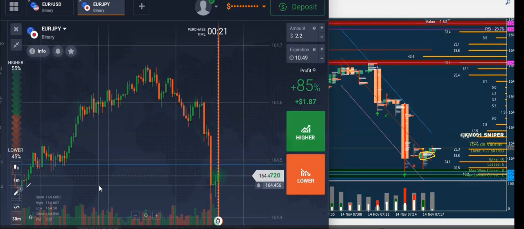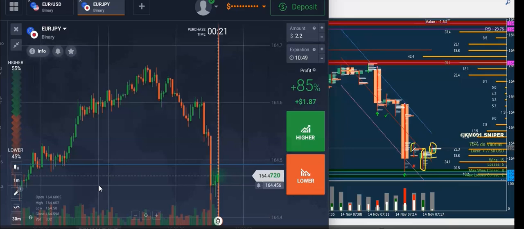But we can't place a sell trade. But if the market comes here, can you place the buy trade? No. The wick is indicating sellers are still strong.